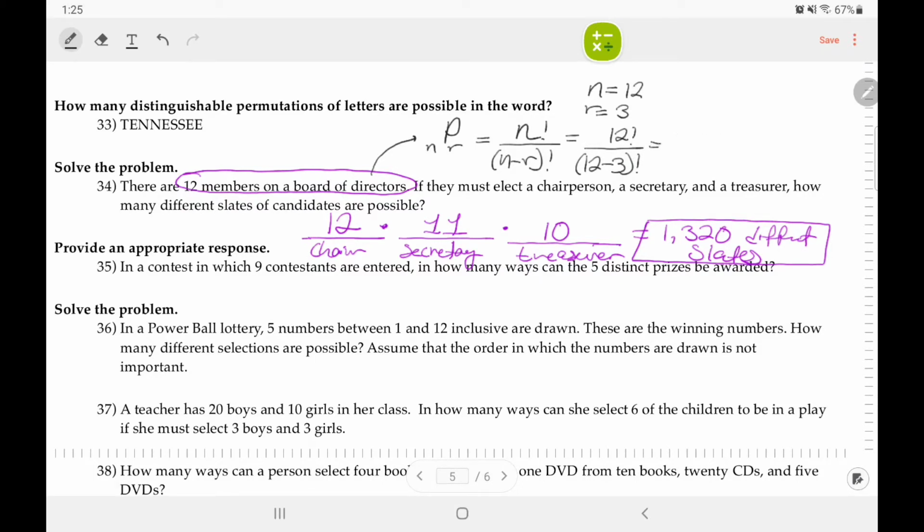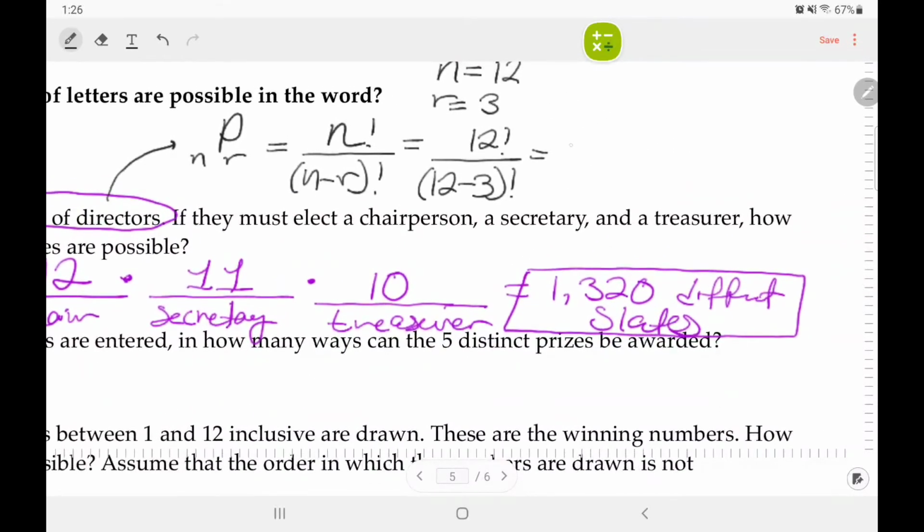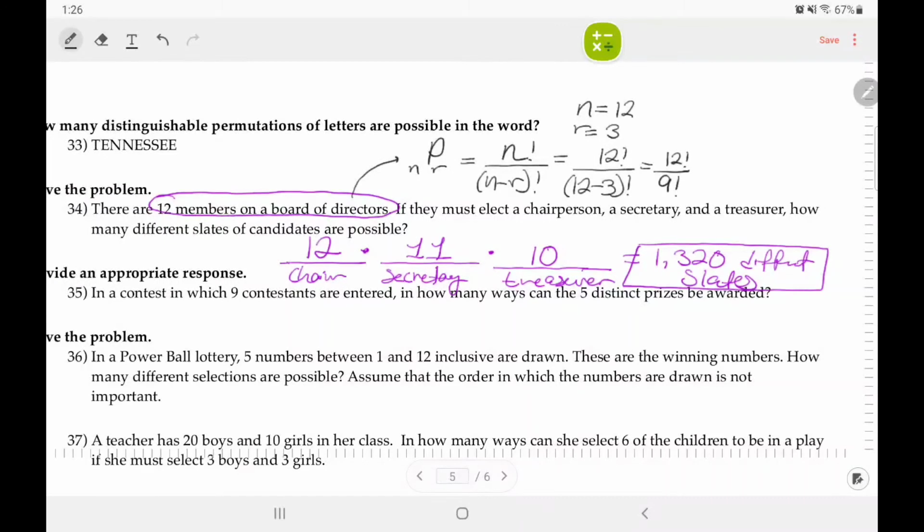In my denominator, 12 minus 3 is 9. So 12 factorial divided by 9 factorial. Expand the top until you reach the denominator: 12 times 11 times 10 times 9 factorial, over 9 factorial.